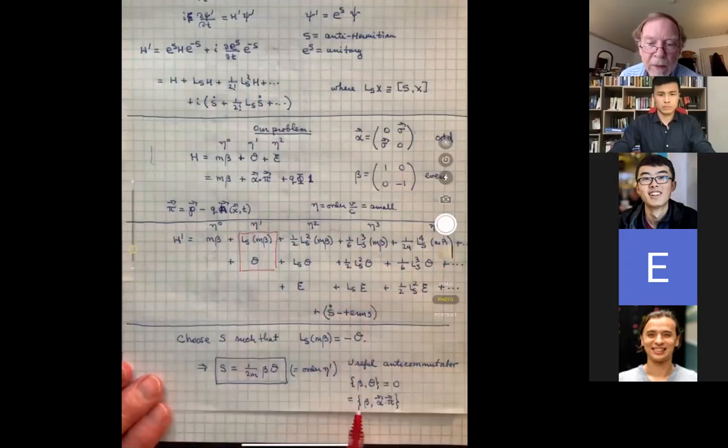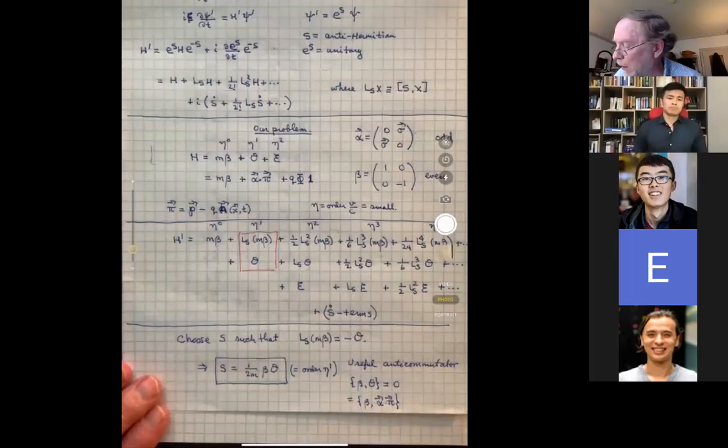In any case, this is an anti-commutator which arises, and the way to evaluate it is to first of all notice that the Dirac matrices beta and alpha, which appear here, all the Dirac matrices really, they're all of order unity because they've just got numbers in them which are of order unity. Pi, on the other hand, is a purely spatial operator, which therefore commutes with all purely spin operators, which are the Dirac matrices. So that's a useful anti-commutator.